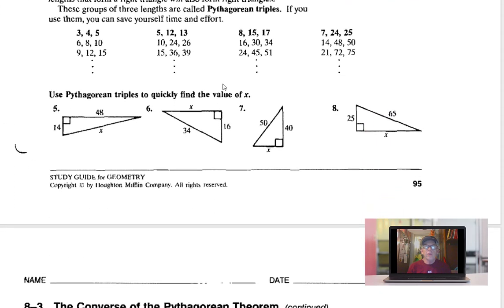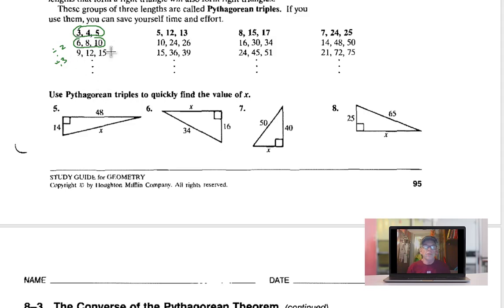Now here we have some Pythagorean triples. The 3, 4, 5 you should be aware of. You've seen these before. So if you see a 6, 8, 10, that's a basic 3, 4, 5 because you can take a 2 out of each one of these. Or if you have a 9, 12, 15, you can take a 3 out and get your basic 3, 4, 5.